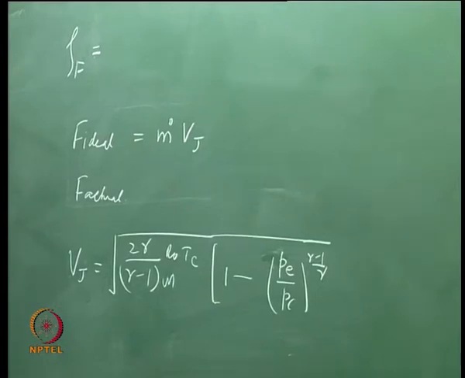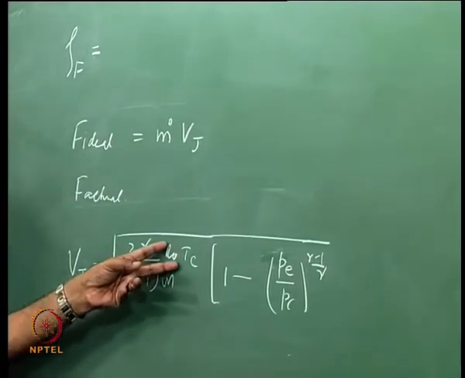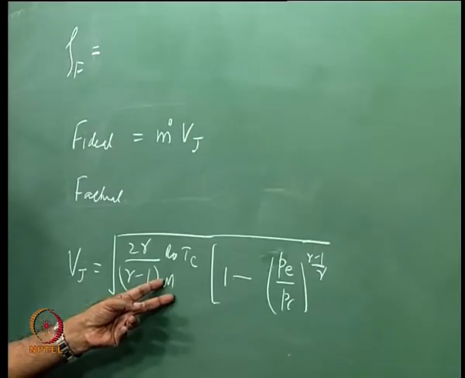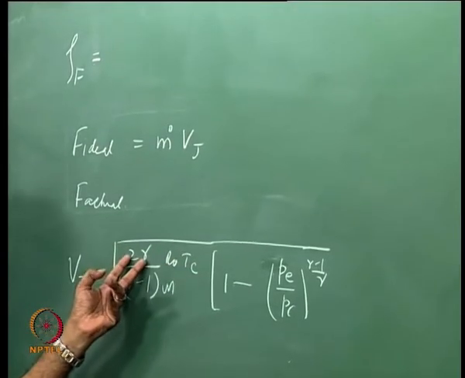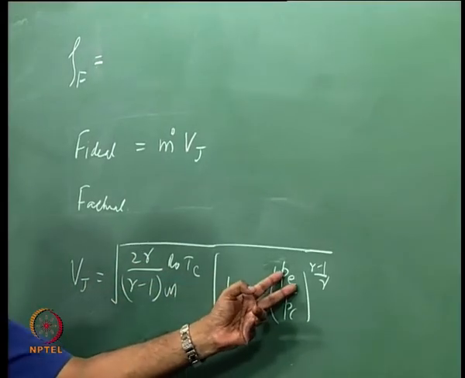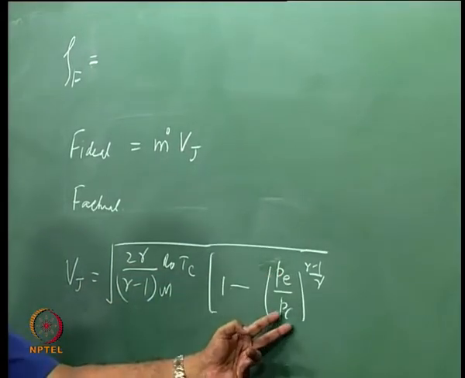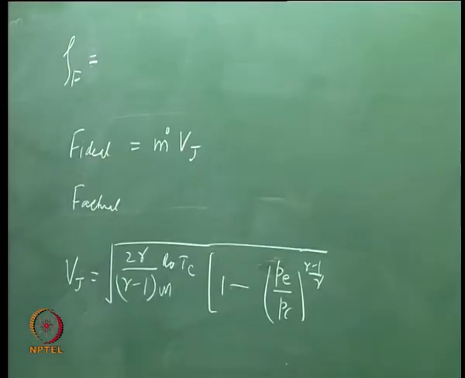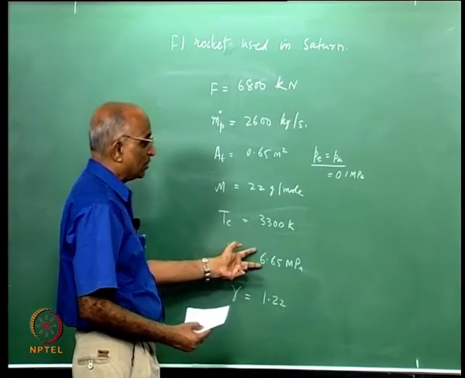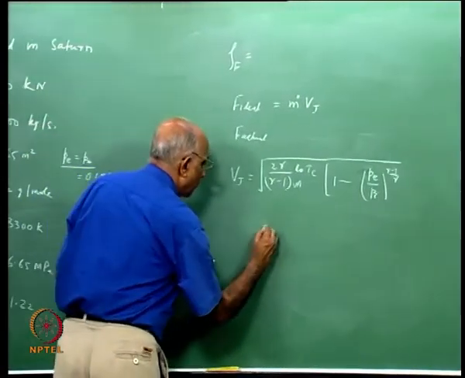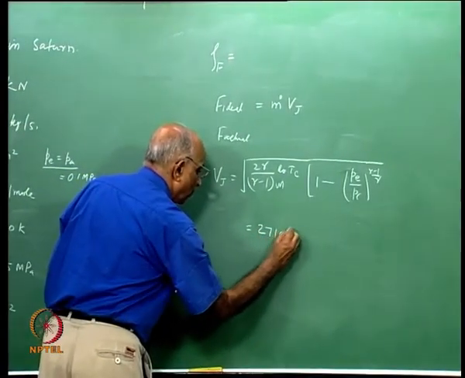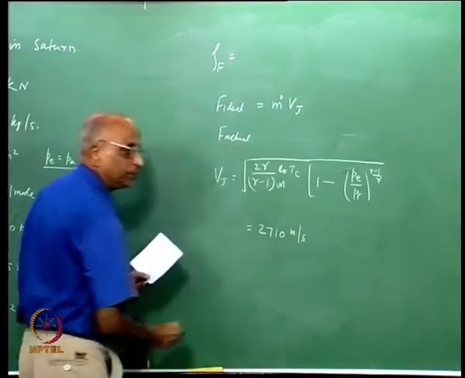Put in the numbers: R naught is 8.314, m is 0.022, temperature is 3300, gamma is 1.22, Pe is 0.1 MPa, Pc is 6.65 MPa, and substituting you get Vj equal to 2710 meters per second.